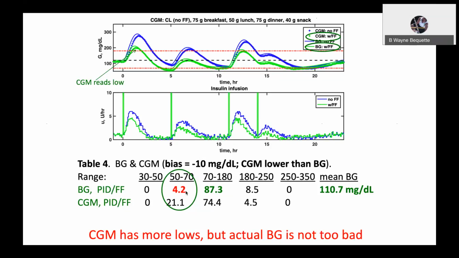But the only thing you really care about is the actual blood glucose. And in this particular case, the blood glucose is spending a substantial amount of time actually in the desirable range of 70 to 180 milligrams per deciliter. And the mean blood glucose is actually very good.